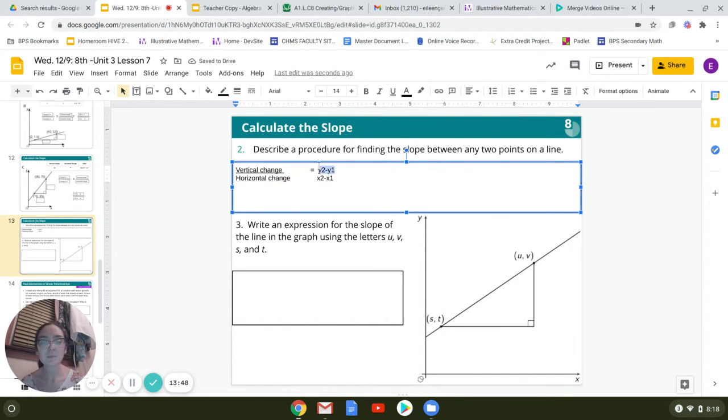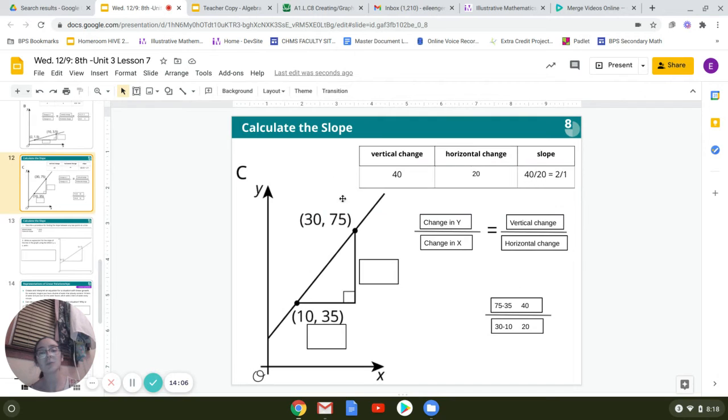I can underline this by highlighting the y2 minus y1 and hitting the underline button. So when we're calculating our slope, we follow this procedure of vertical change divided by horizontal change. When we're given coordinate points, we take the second y value minus the first y value over the second x value minus the first x value.